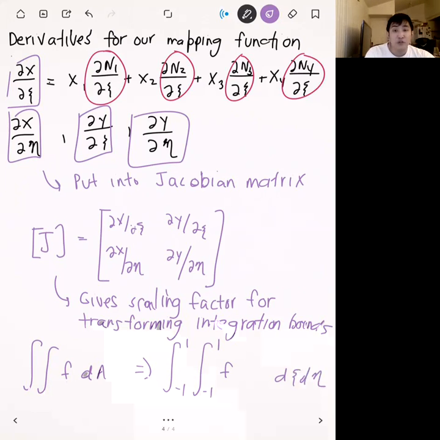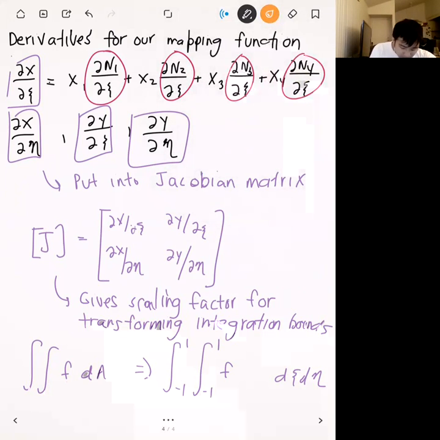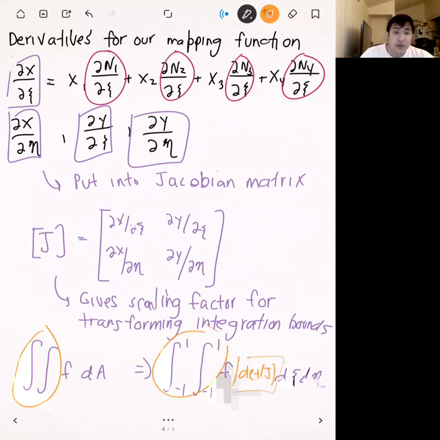And by performing that transformation, we turn our integration variables into d xi, d eta, okay? But because we're making this fairly drastic change of the integration bounds, we can't just take one and deduce the others. We have to have some kind of scaling factor in order to allow us to do this. And the scaling factor is given by the determinant of the Jacobian, okay?